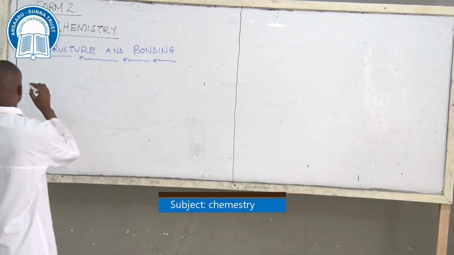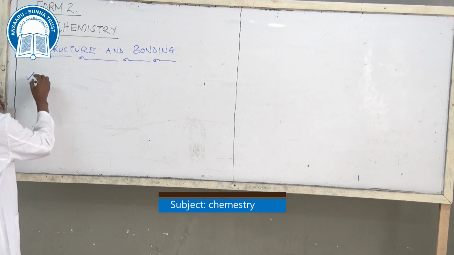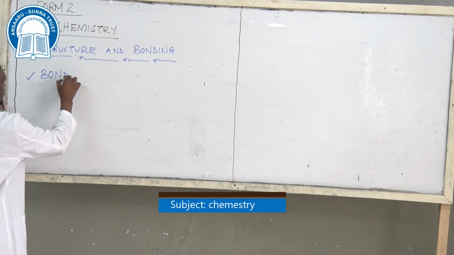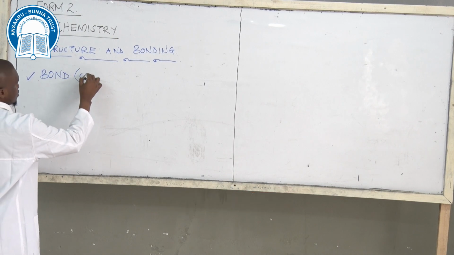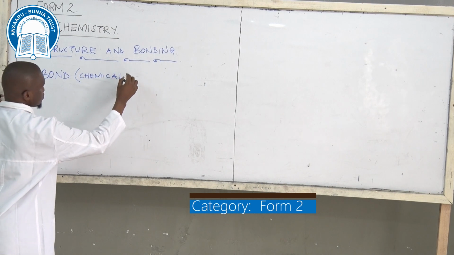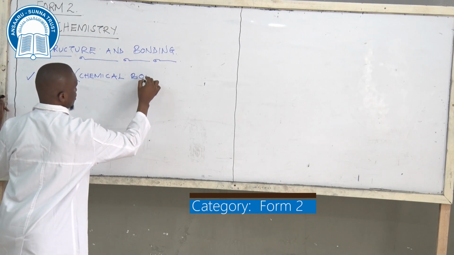The first one we want to define is a bond. In the real sense, we always say a chemical bond. Now, what is a chemical bond?